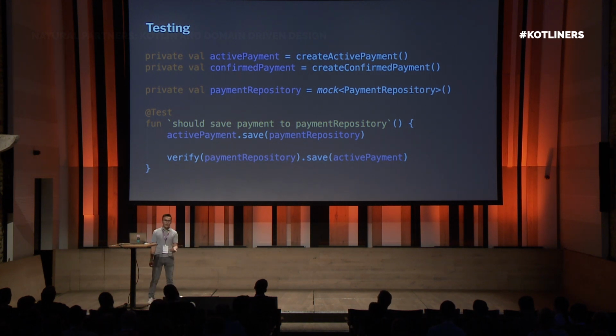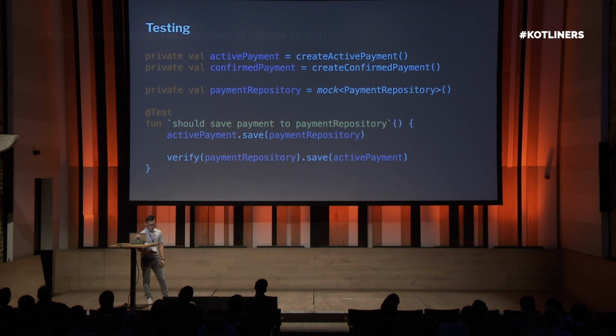We use the Ubiquitous language for unit tests, and we use Kotlin test pretty often. So basically this is a simple test to check saving a payment to the payment repository, which just verifies that the save function was invoked.